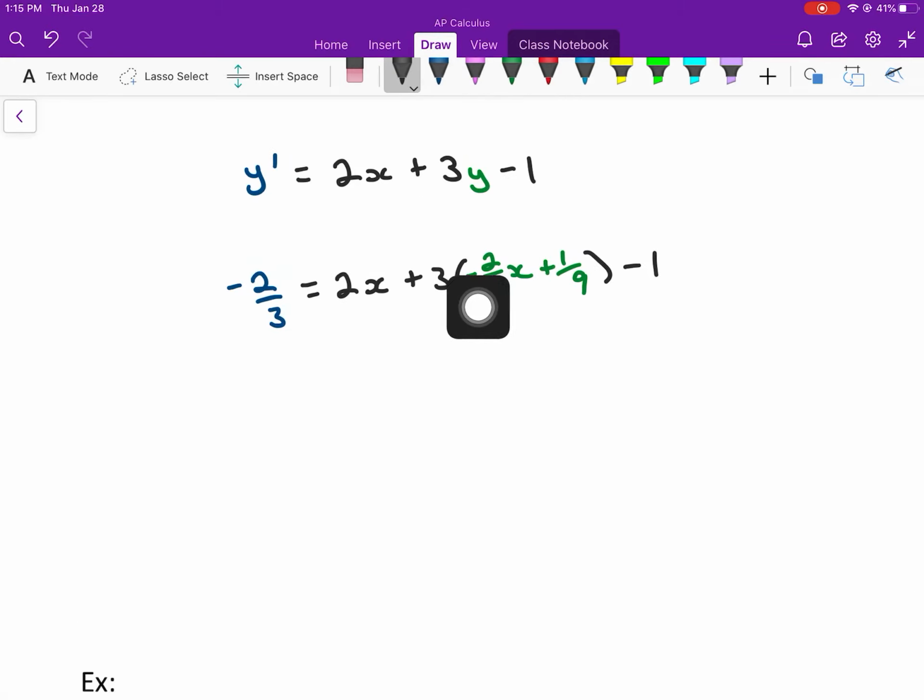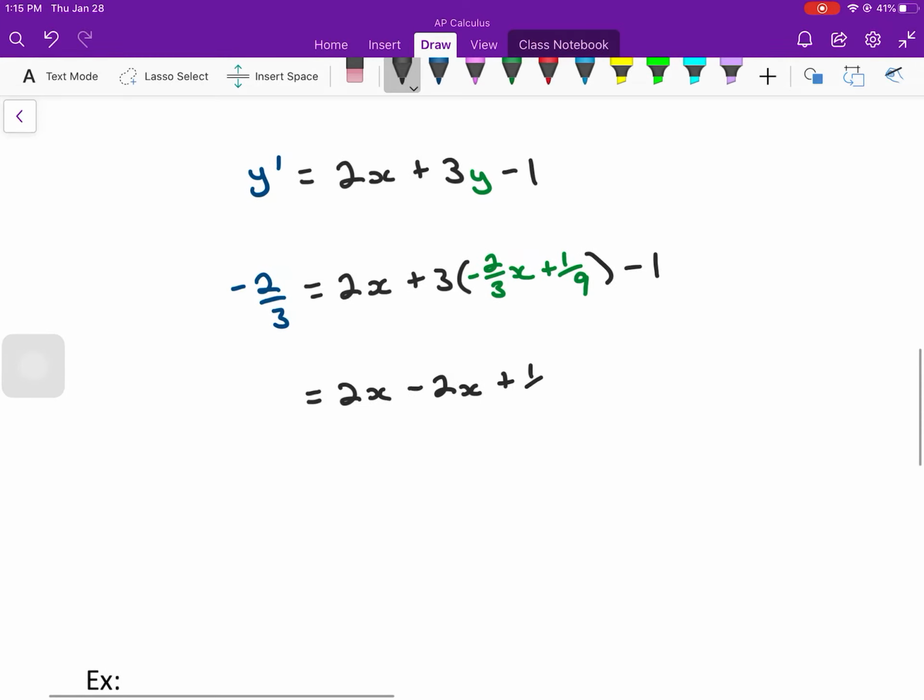So let's distribute this 3, see what happens. We'll probably get rid of the color coordination now. So 3 times 2/3 is going to be 2. And then 3 over 9 is 1/3. Minus 1. And we'll have 2x minus 2x goes away. And then 1/3 minus 1 is 1/3 minus 3/3, right?